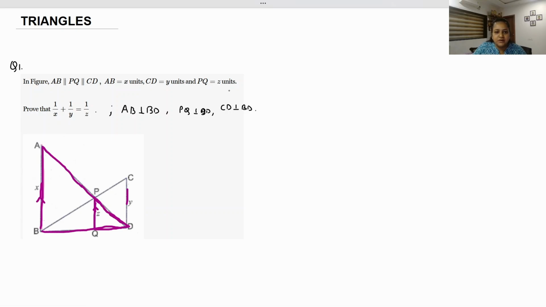So here we have made out that X is a part of triangle ABD, Z is a part of triangle PQD. There is a relation between X and Z, so let's find out the relation. We'll write here proof.